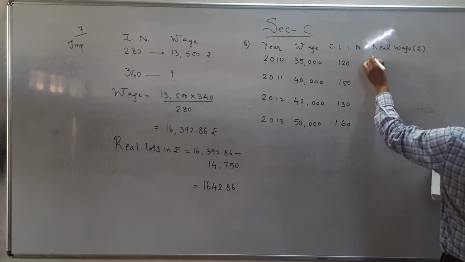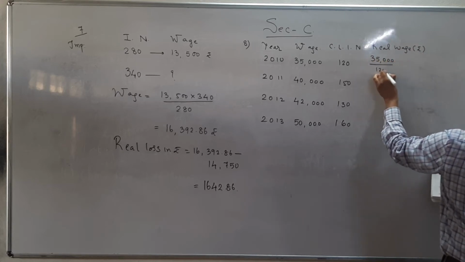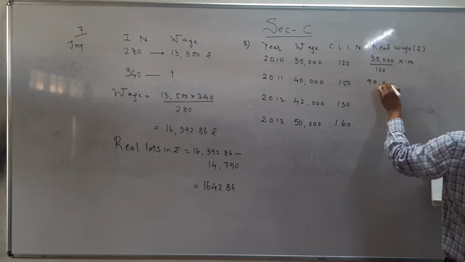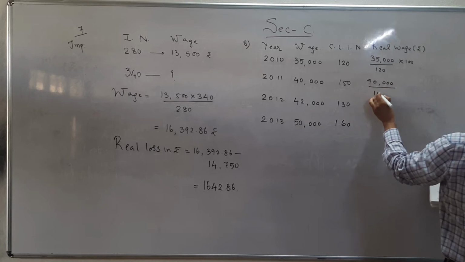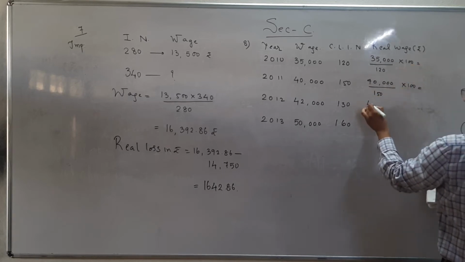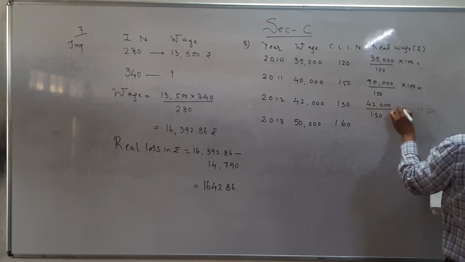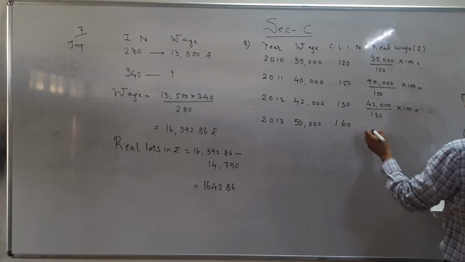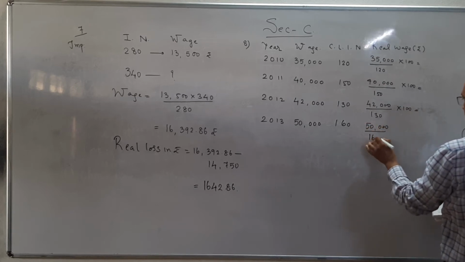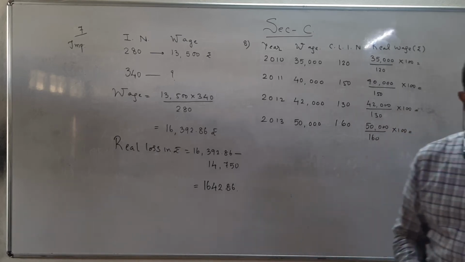It is wage upon cost of living index number into 100, for each year. So simplify.